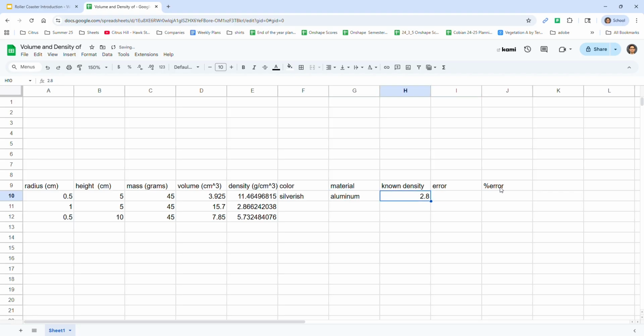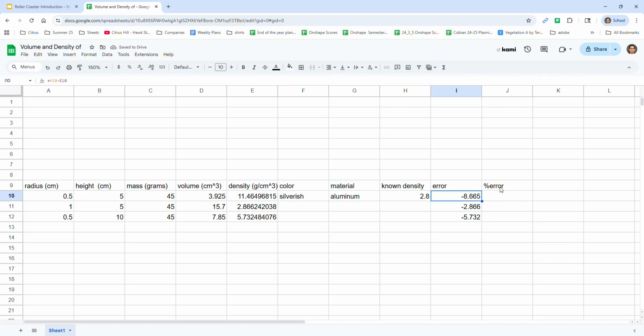Now we have our known value, we can compare this and get an error. So let's do equals for error. Let's subtract this, do minus, and hover over the density that we got. And we can click enter or Control Enter to populate these cells down here.